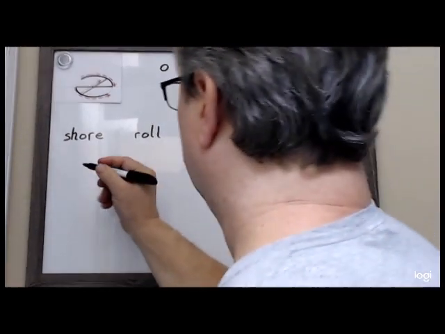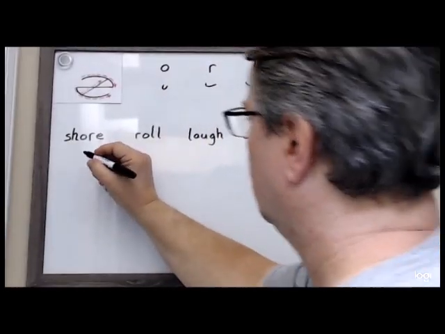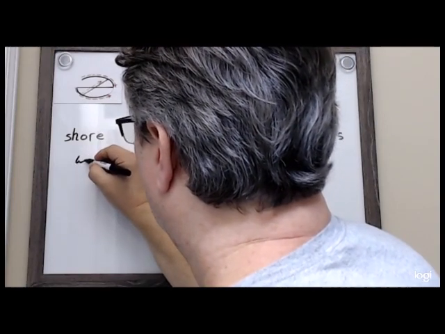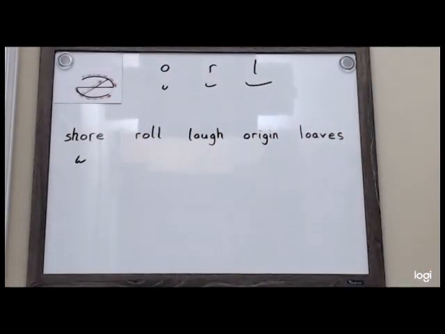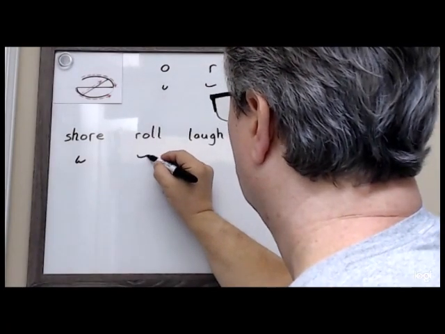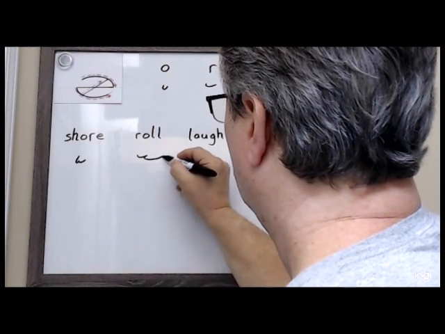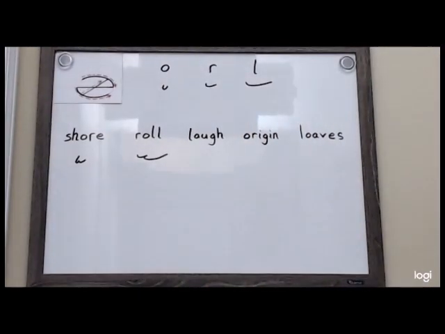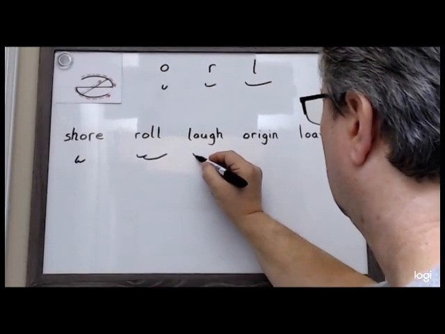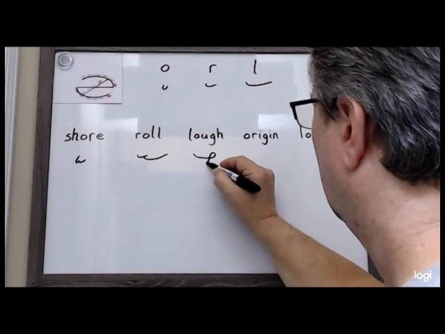The first word being shore, which is spelled S-H-O-R. The word roll, R-O-L. The word laugh is L-A-F.